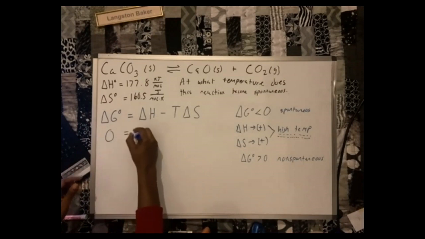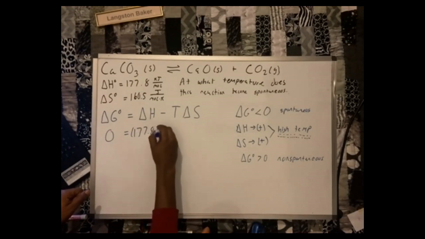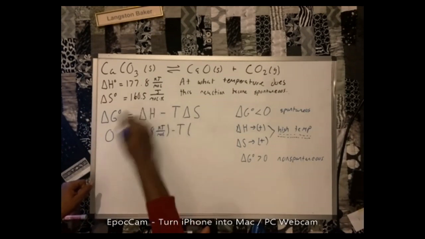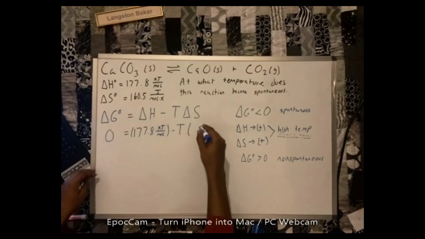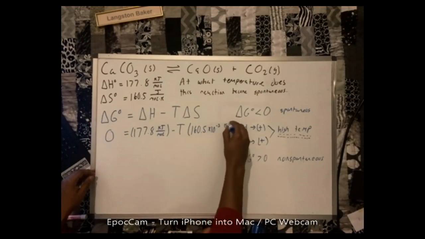Plug in my delta H, 177.8 kilojoules per mole, minus T times, and again I'm going to make my units match, 160.5 times 10 to the negative 3 kilojoules per mole Kelvin.